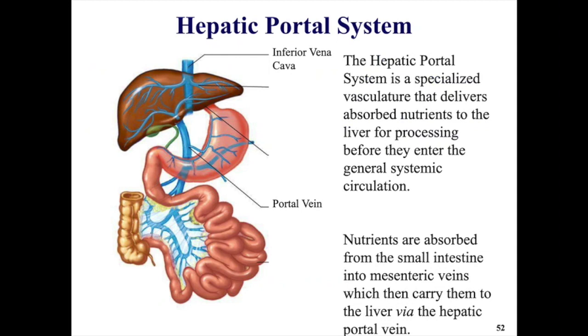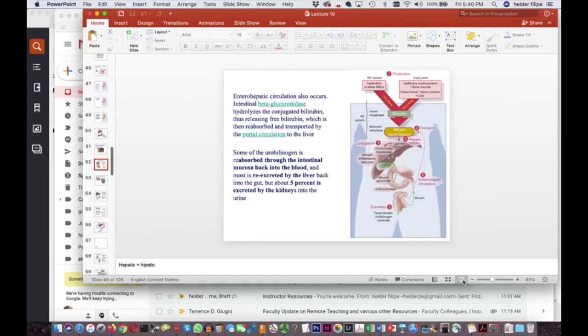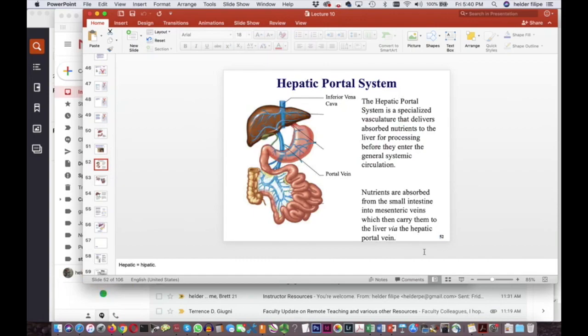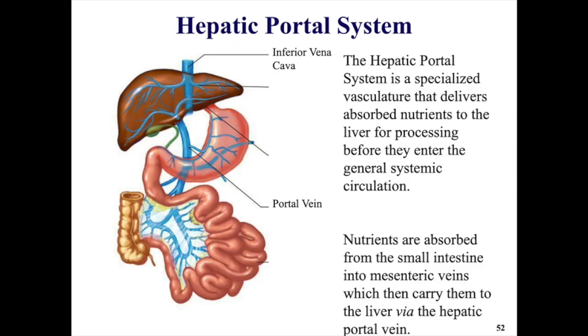This is just a review of the portal system, just to understand that the liver gets virtually all the blood that comes out of the small intestine. This is just to remind you of the hepatic portal system. The liver gets the blood from the portal vein.